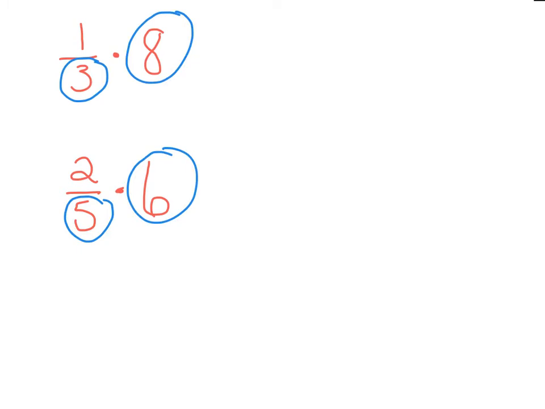You should have noticed that when you looked at the whole number factor and then compared it to the divisor of the fraction factor, the whole number in both cases cannot be evenly divided by that denominator. 8 cannot be evenly divided by 3. 6 cannot be evenly divided by 5. Because of that, we are going to end up with a mixed number or a fraction as our final product.